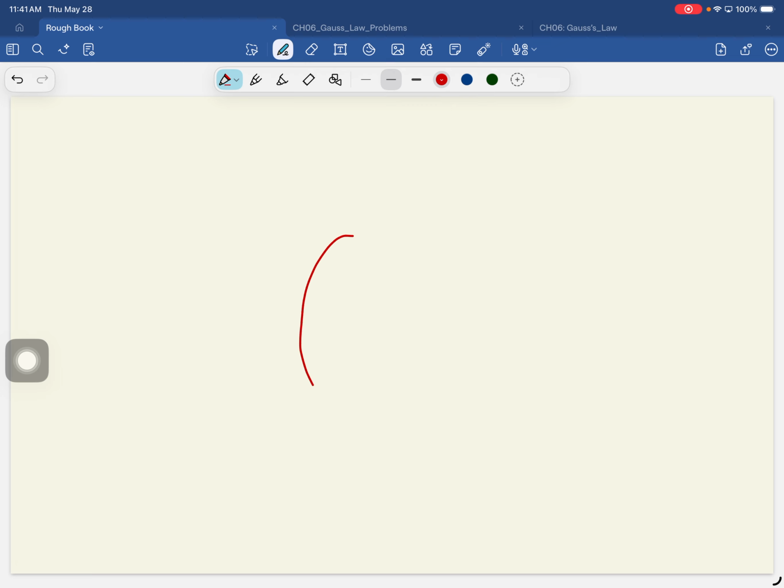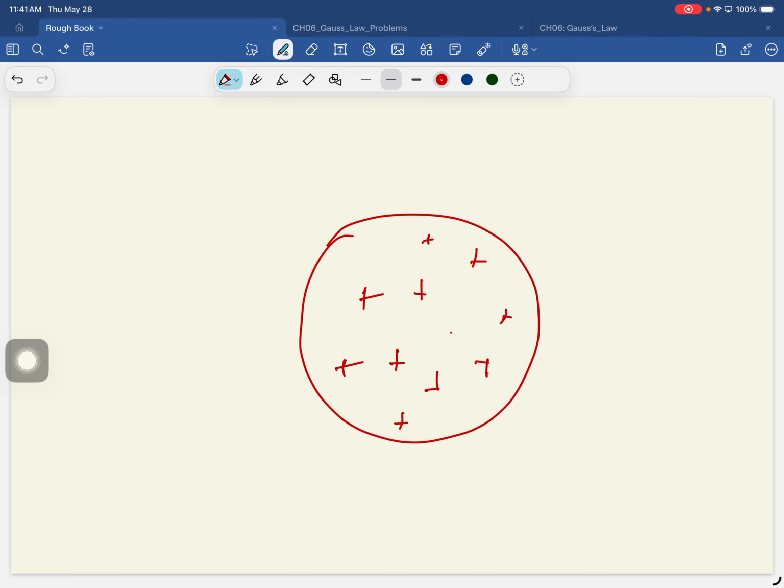So this formula looks exactly like that. If we can define an area vector, then we can write this formula concisely. The direction of the area vector will be perpendicular to the area.